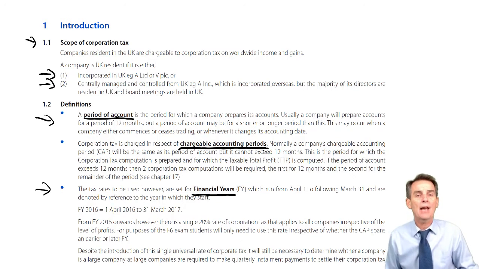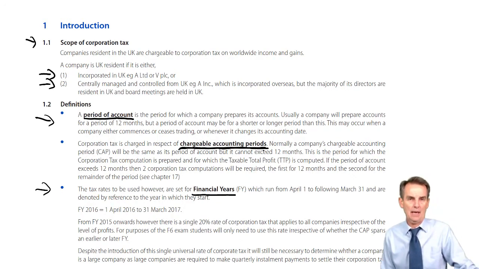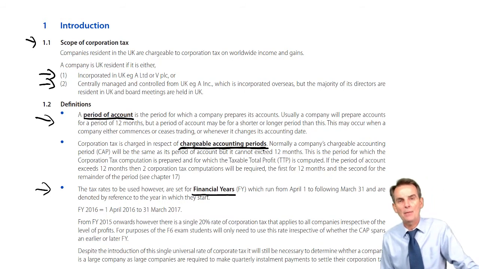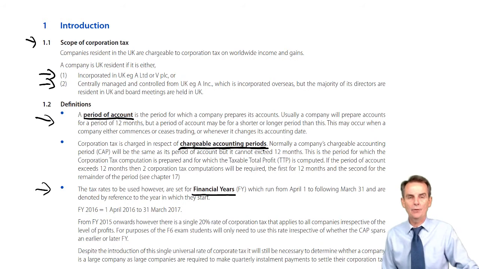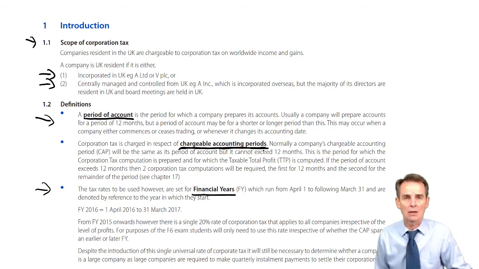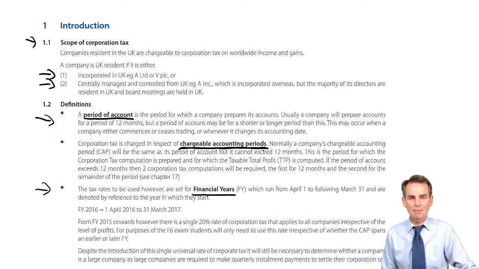So you could have a short period of account becoming a short chargeable accounting period. So in my example of a moment ago, the company started to trade on the 1st of October 16, and let's say it did then prepare its accounts for the 3 months to the 31st of December 16.